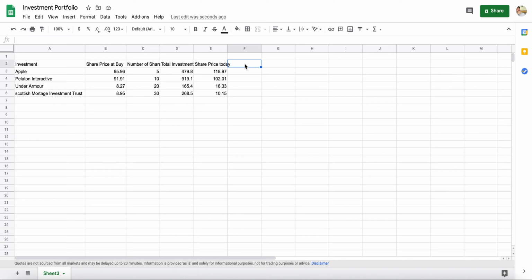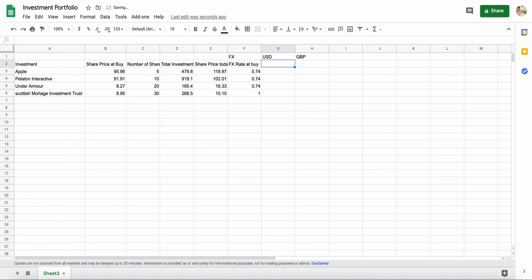So let's say the FX rate at buy. So let's say that time it was 0.74, just hypothetically, because Scottish Mortgage is a UK, so we're just going to put this as 1. Because we'll be making a formula, we can just put USD and GBP.